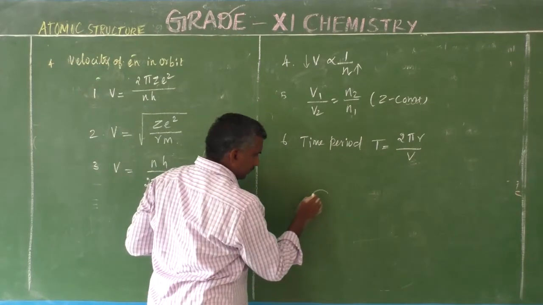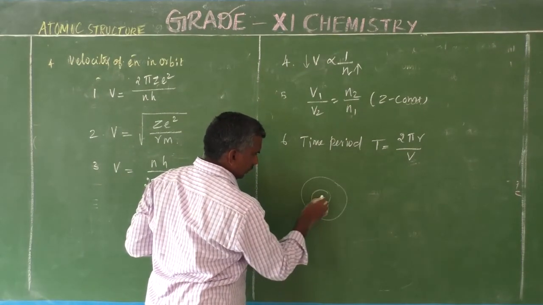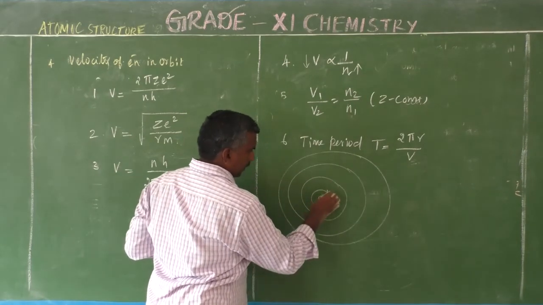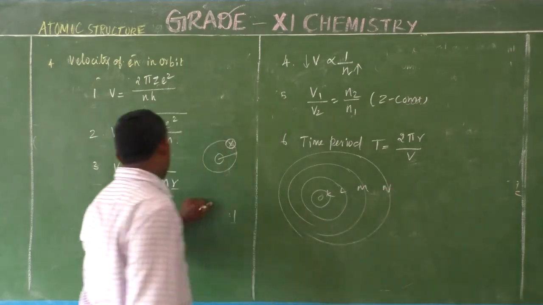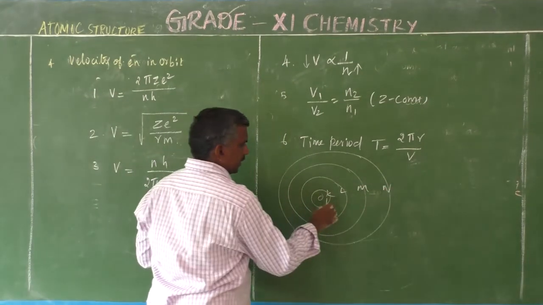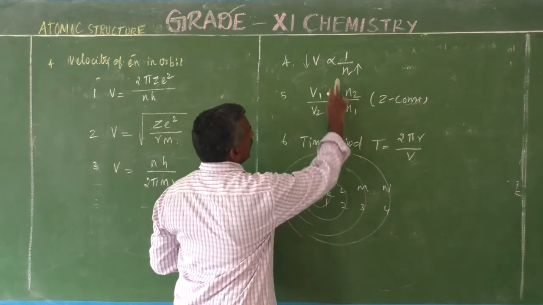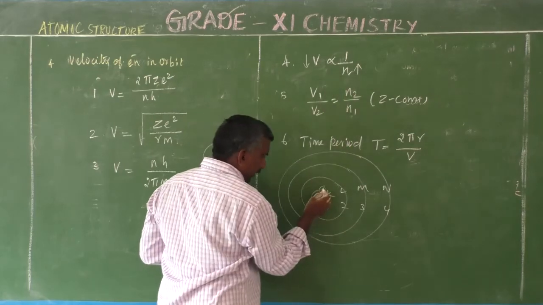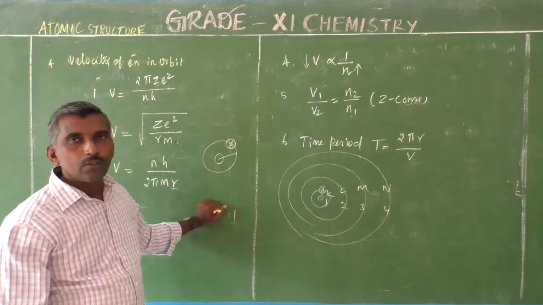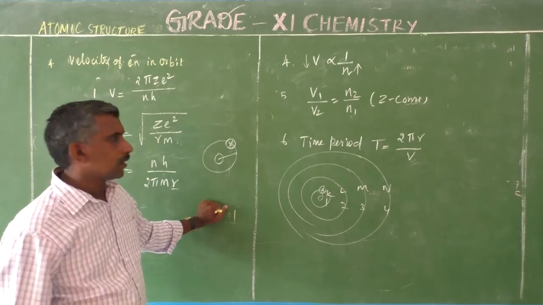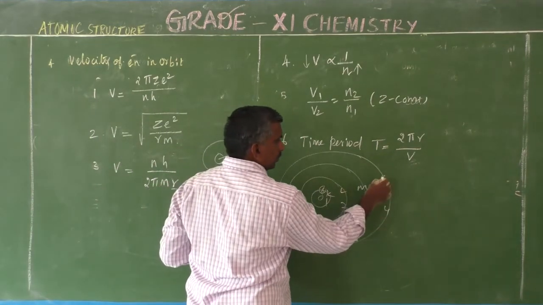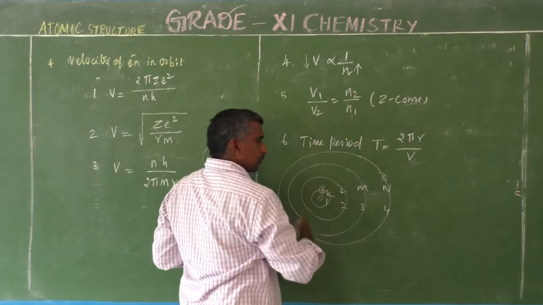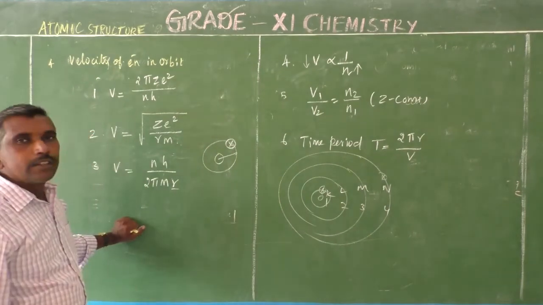Then what is the meaning? K, L, M, N: the first shell, second shell, third shell, fourth shell. In the first shell, n is equal to 1, and the electron is rotating very fast in its revolution. As the n value increases, the velocity decreases, and the revolution of the electron slows down.